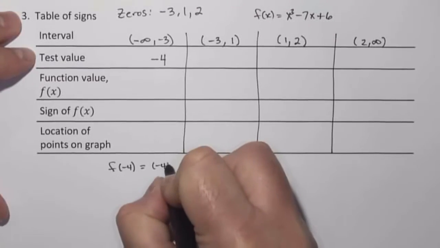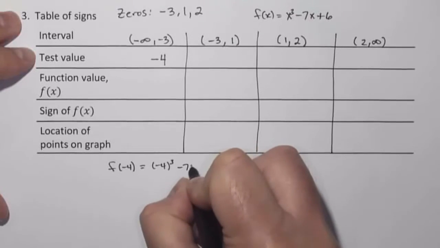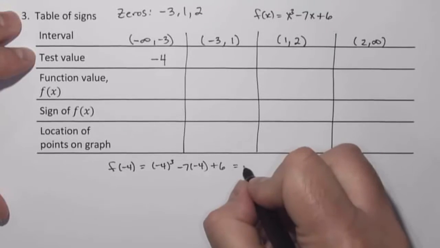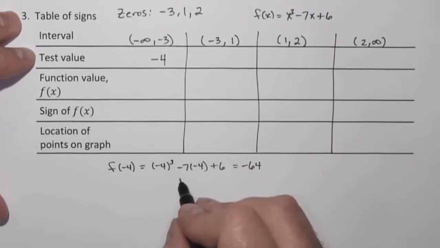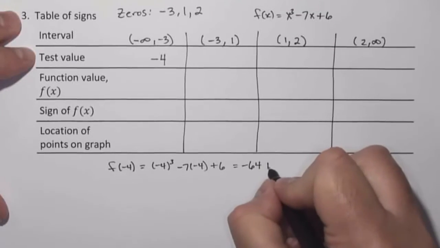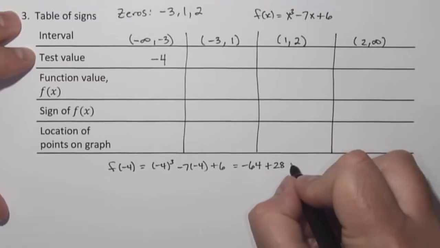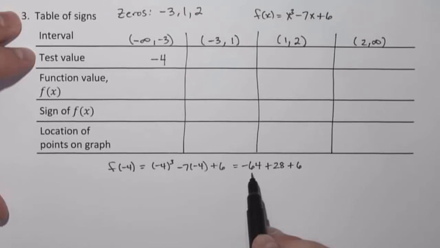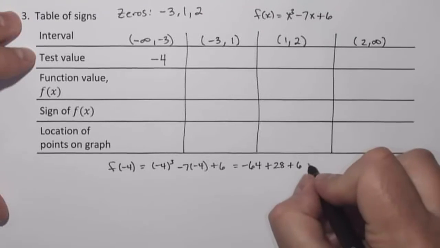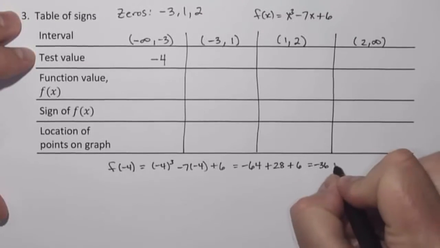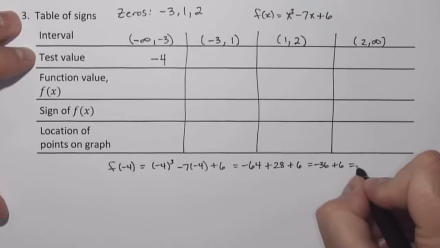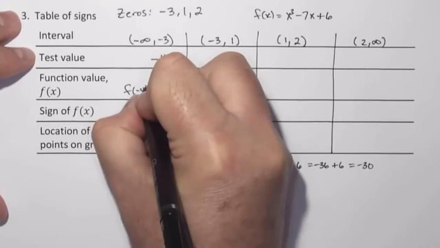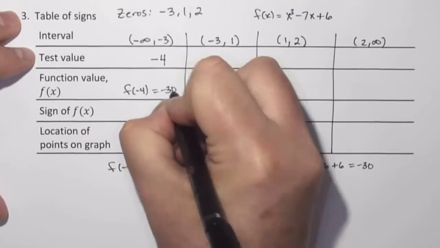So that's going to be -4 cubed minus 7 times -4 plus 6. -4 cubed is -64. Minus 7 times -4 is going to be plus 28. And then we still have plus 6. Now -64 plus 28 is going to be -36. So we have -36 plus 6, which is -30.